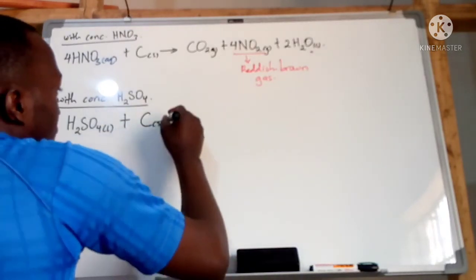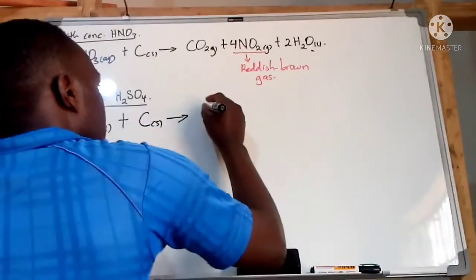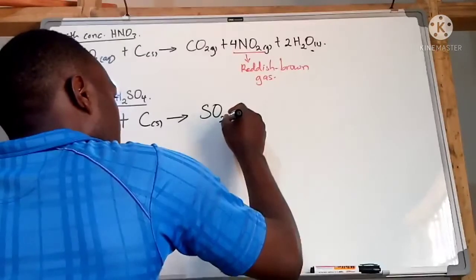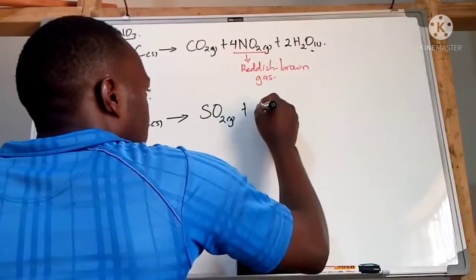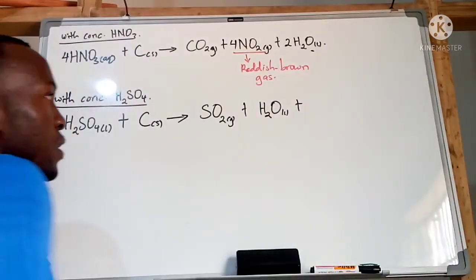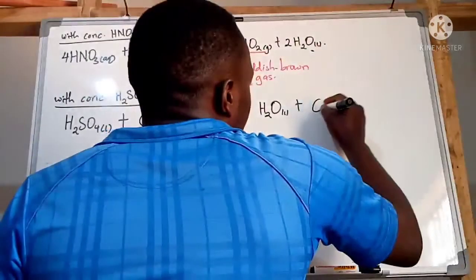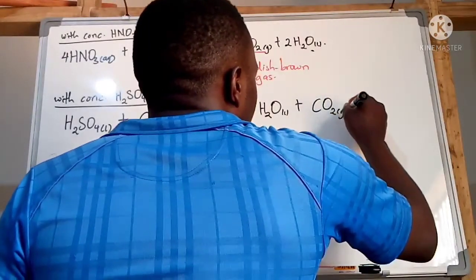So reacting with carbon, we are going to see to it that sulfuric acid is reduced to sulfur dioxide and water. Then carbon is going to be oxidized to carbon dioxide, which is a gas.